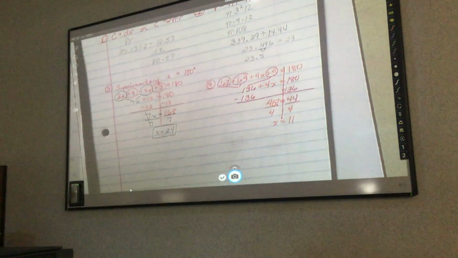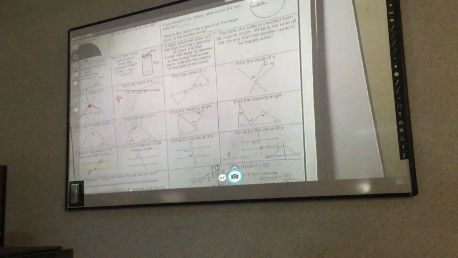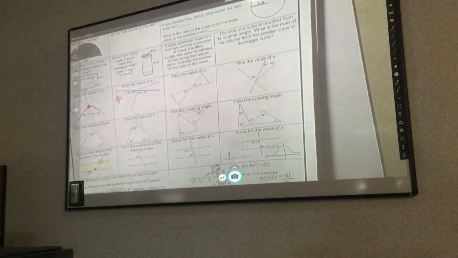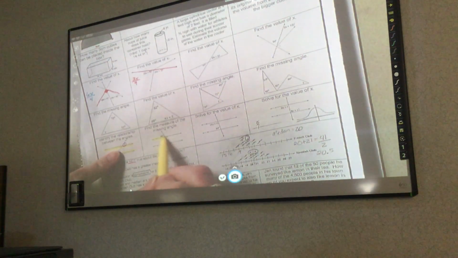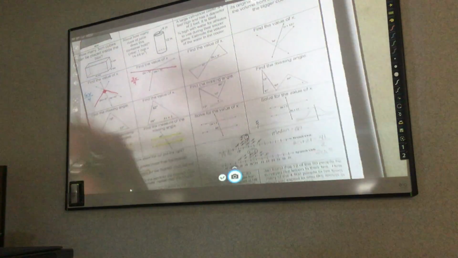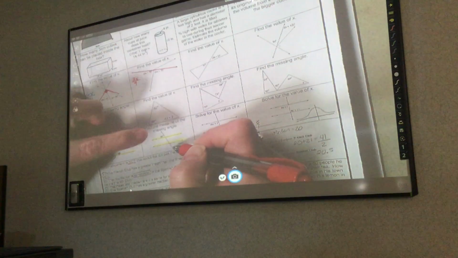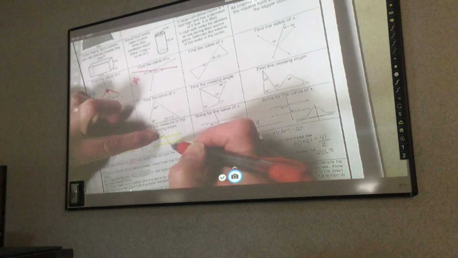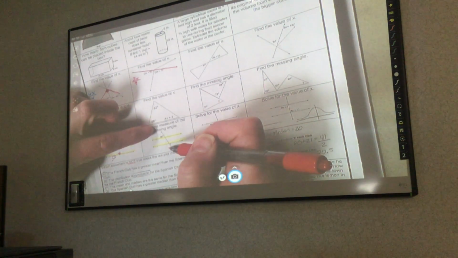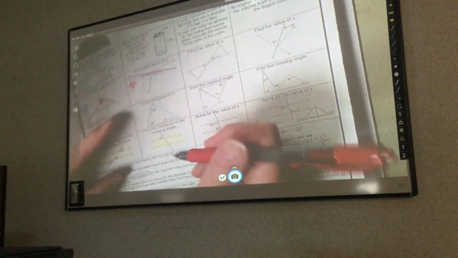Number 5. Here are our parallels. The angles that they're talking about, are they on the outside or the inside? They're outside. And are they on the same side? No. So what do we call that when they're on the outside and on opposite sides?